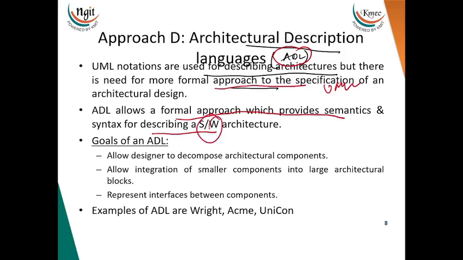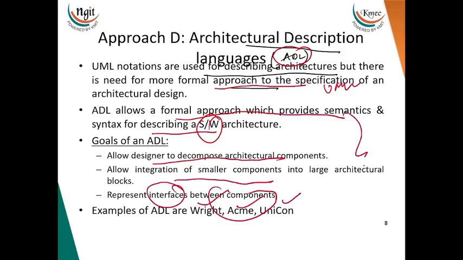It is a meaningful approach, so that if I say a human exists, or something exists, you are able to tell it. The goal is to allow the designer to decompose architecture components, allow the integrator to combine small components, and represent interfaces between components. Examples are Rapide, UniCon and others.